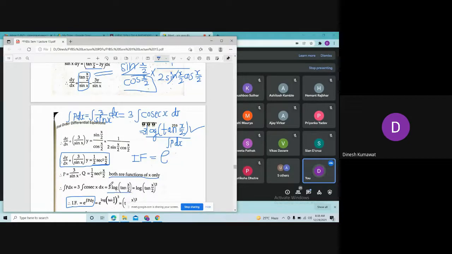Okay, so we'll end up in this situation. Hence, this is nothing but log of tan x by 2 to the power 3. Is it clear up to here? Yes, sir. See, if you go to SY like this, then you need to suffer a lot.